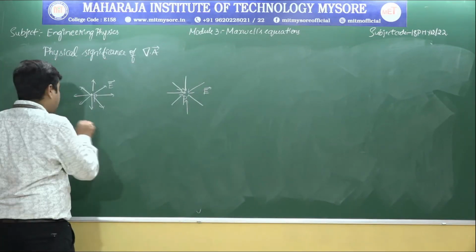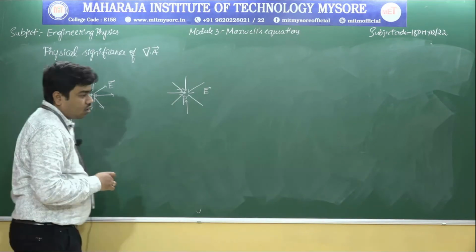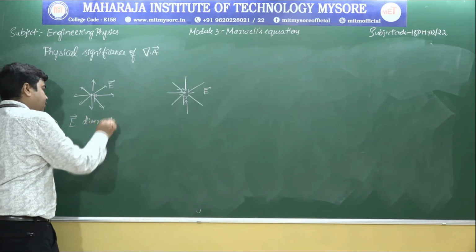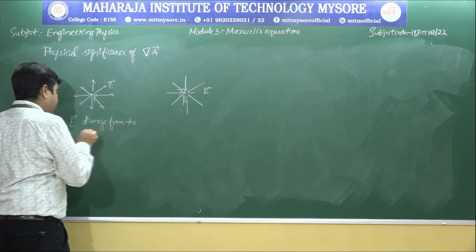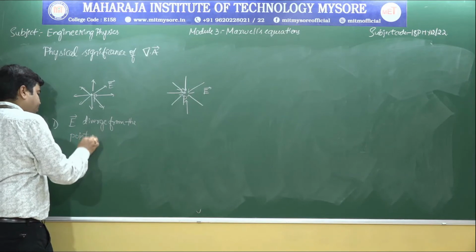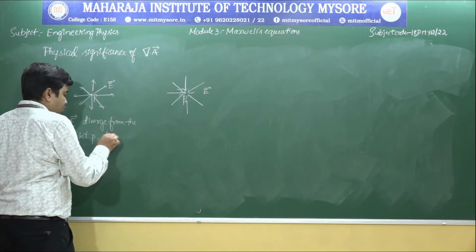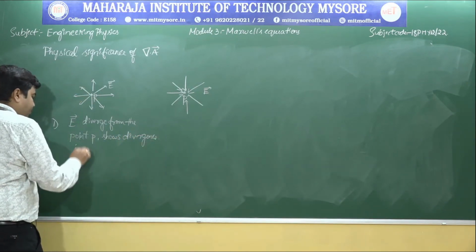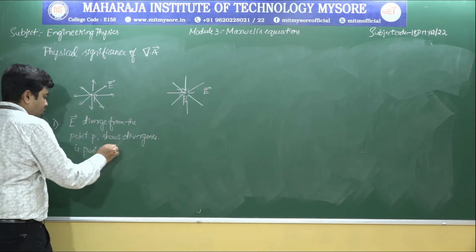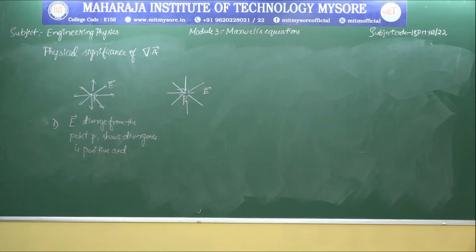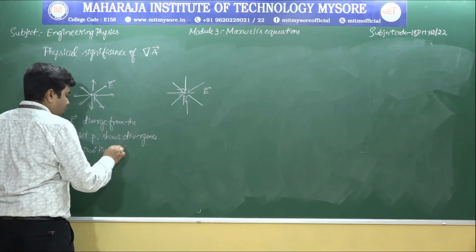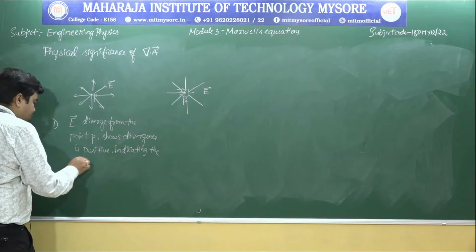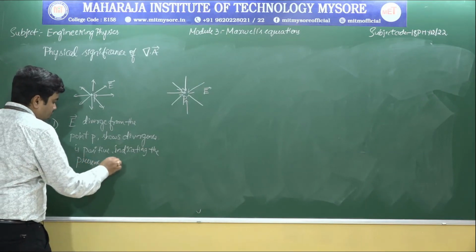If the electric field vector, or the electric lines of force, diverge from the point P, it shows that the divergence is positive, indicating the presence of a positive charge.